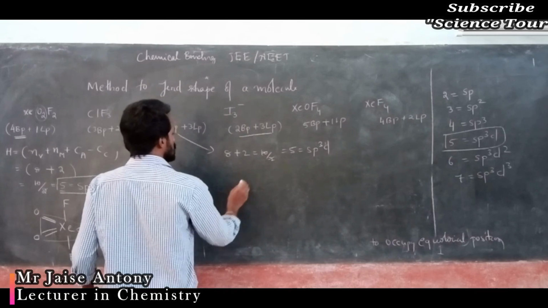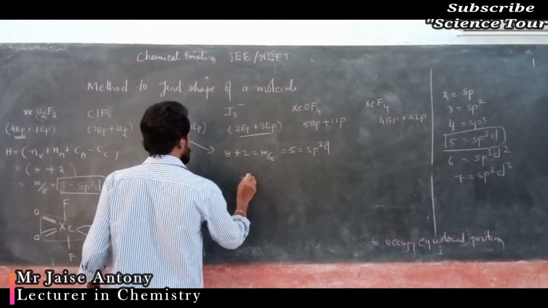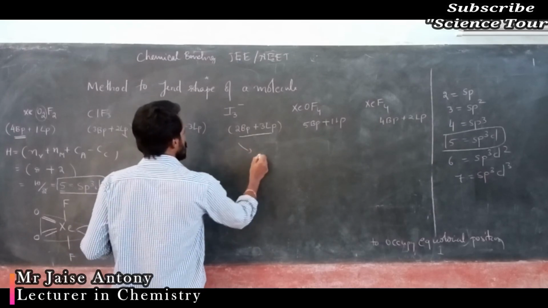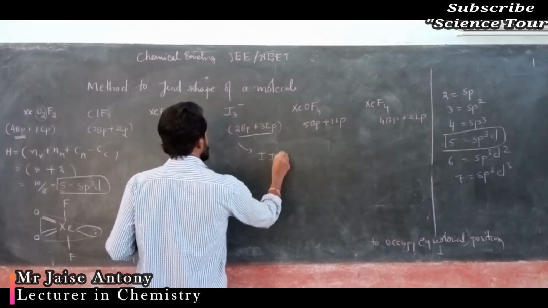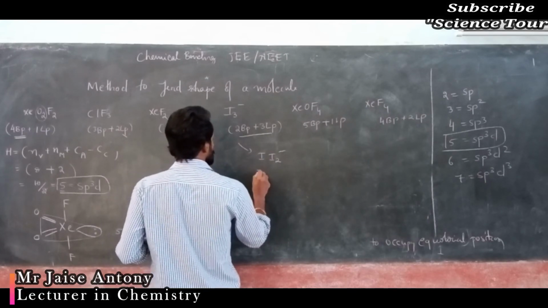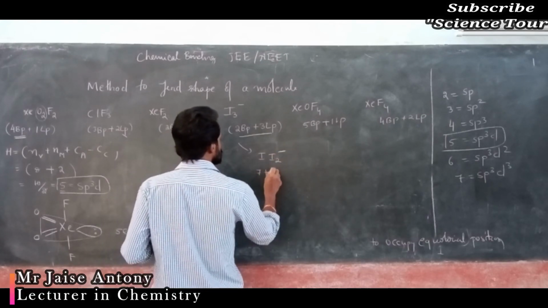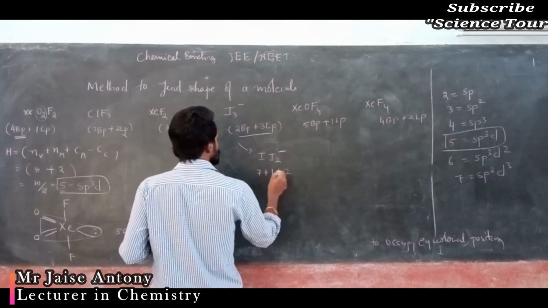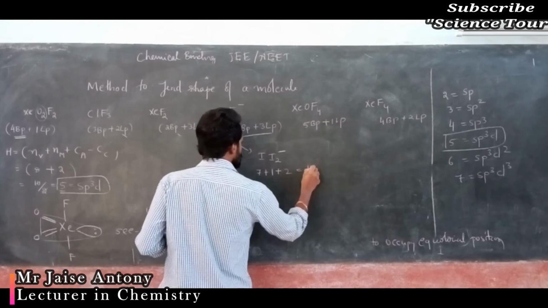So I3 minus, I will write like this, my dear students. That means two bonded atoms are there. One extra, 7 plus 1 for the minus charge, plus two extra electrons from two monovalent atoms, plus 10. 10 divided by 2 means 5.